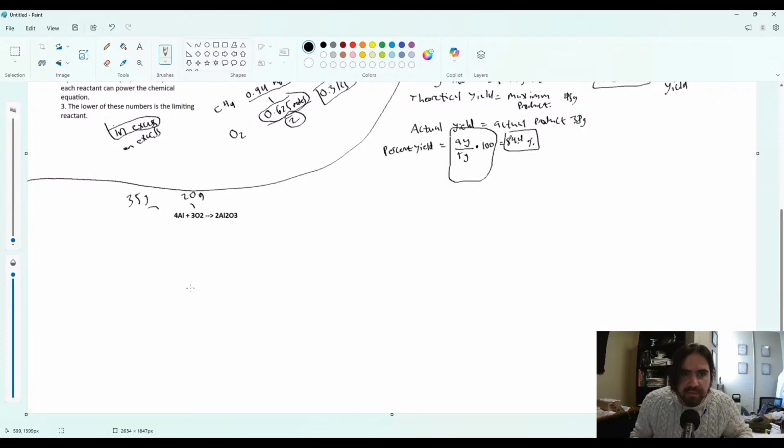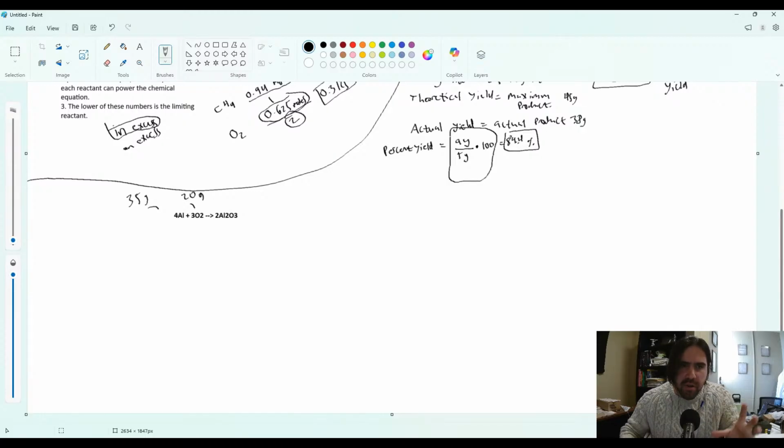That's kind of tough. Now, in order to do this, there's a couple different steps. First off, we have to figure out what the limiting reactant is, because whatever the limiting reactant is, that's going to determine what our theoretical yield is. And that makes sense.